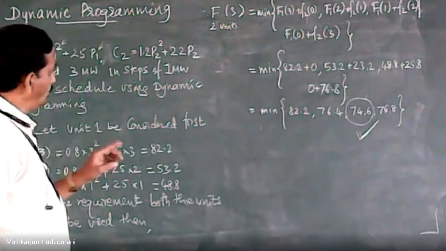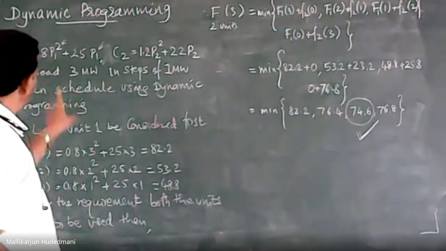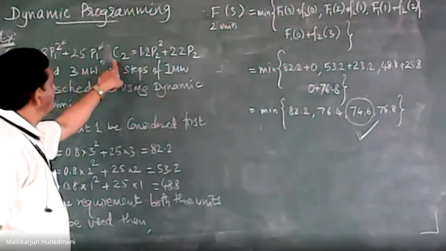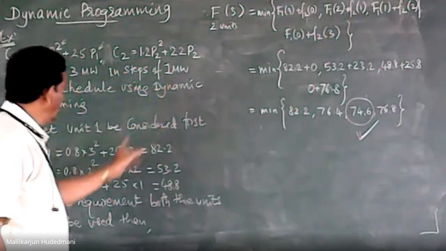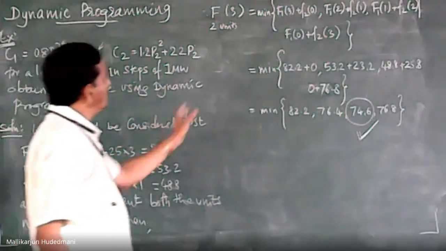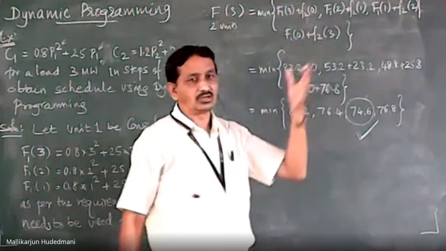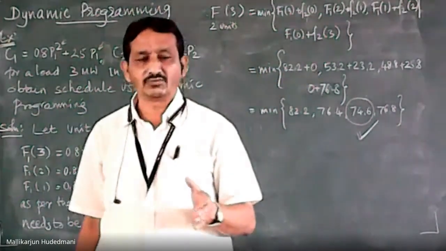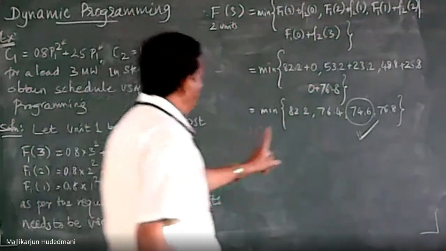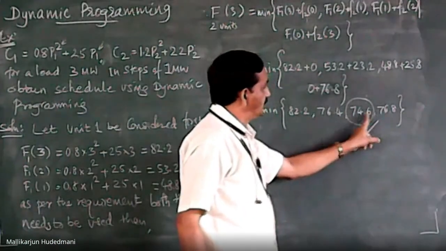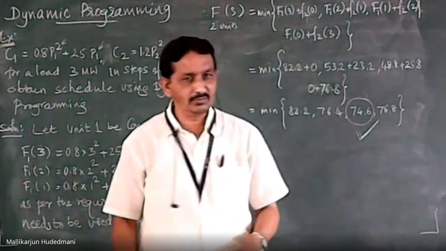The dynamic programming consists of 2 units for a certain load of 3 megawatts, using these 2 machines in sets of 1 megawatt, by rearranging in the function the minimal production cost for 3 megawatts from these 2 machines from 4 combinations refers to be 74.6. Then 74.6 is the minimum.